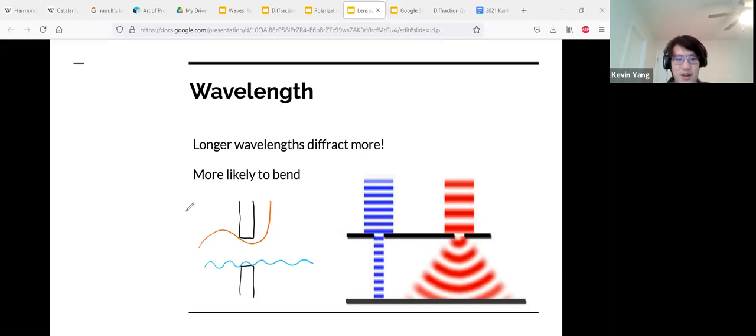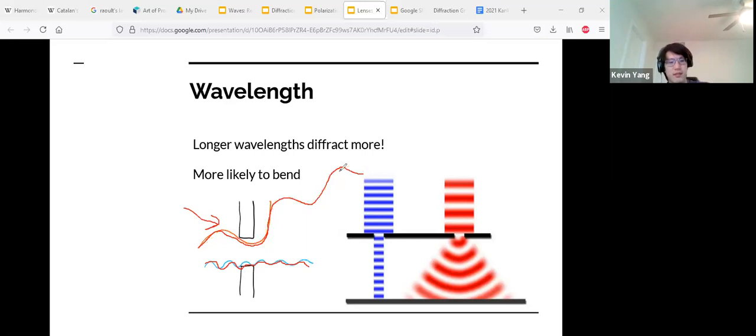So here on the right, you might see an example of the intuition for why longer wavelengths will bend more. The longer the wavelength, the more you can use it to bend around big obstructions, while shorter wavelengths don't have very much space to bend around, because with longer wavelengths you have a lot of room in this portion that you can pass through the gate at.